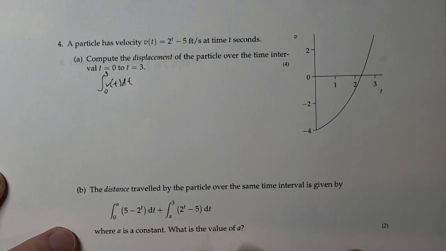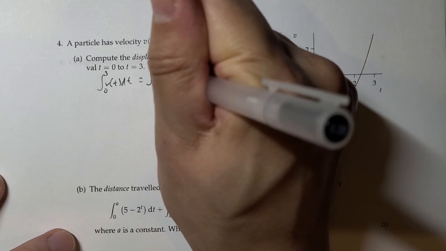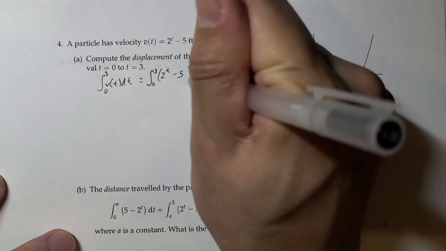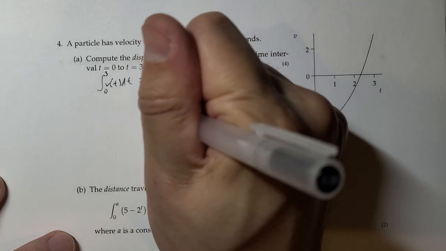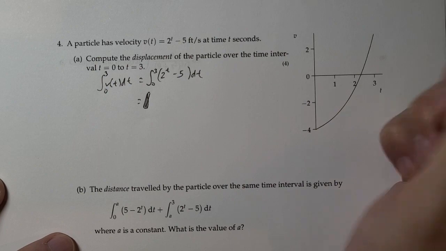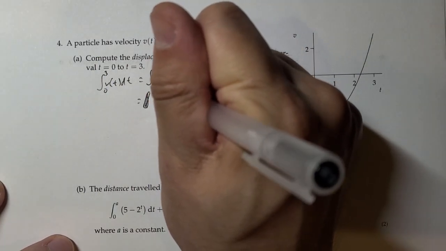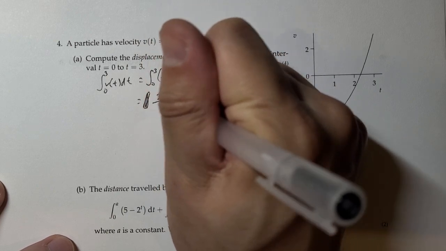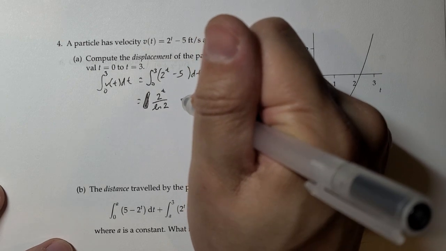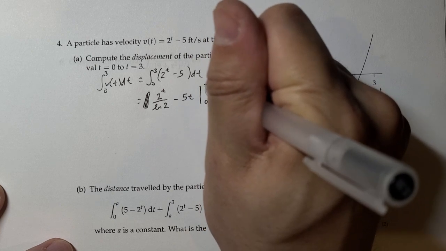So that is the integral from 0 to 3 of 2 to the t minus 5 dt. What's the integral of 2 to the t? It's just 2 to the t divided by ln 2, minus 5t, evaluated from 0 to 3.